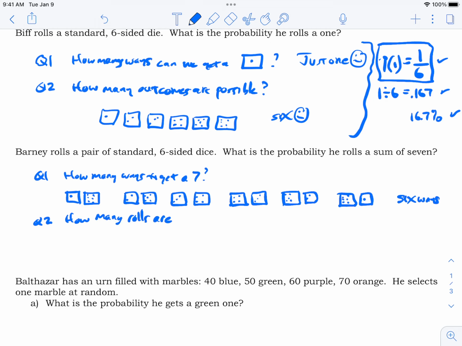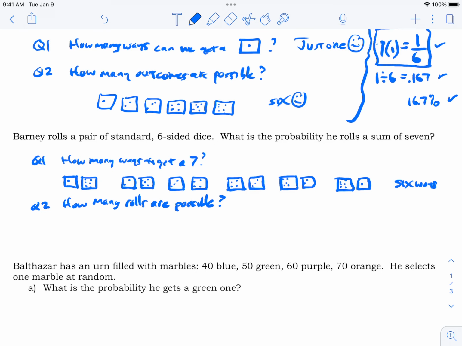Now there's a lot of rolls that are possible. I'm not going to actually list them all, but I'm going to start to list them all so you can see how I'm coming up with this number. So you have to think in terms of, well, I could get a 1 and then a 1, or maybe the first die is a 1 and then I get a 2, or maybe I get a 1 and then a 3, or a 1 and then a 4, or a 1 and then a 5, or a 1 and then a 6.